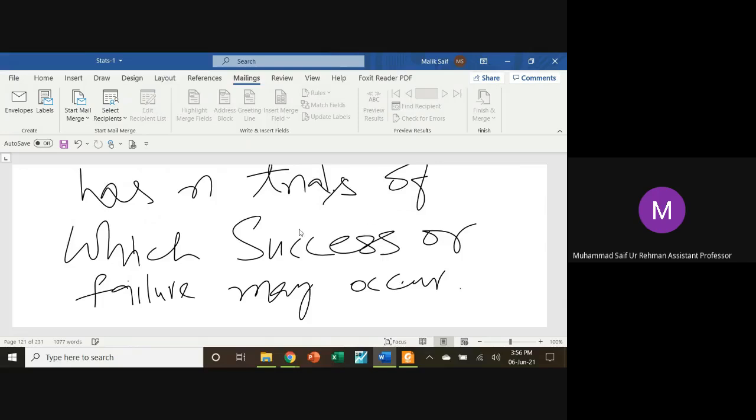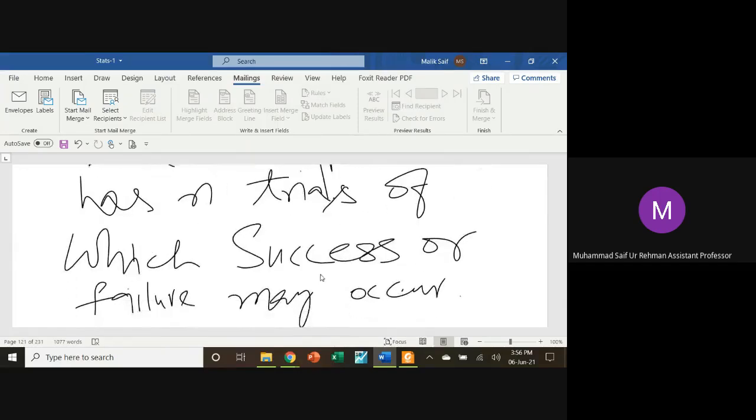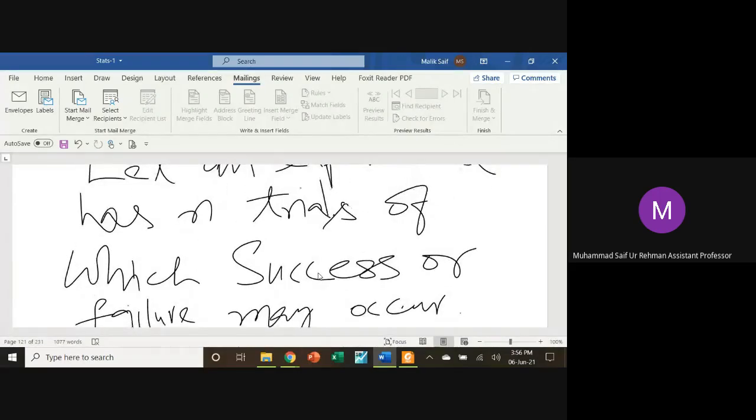So n number of trials. Let's say if you are going to toss a coin 2 times, 2 is the number of trials. If you toss a coin 10 times, 10 is the number of trials. If you toss a coin n times, n trials. N trials means you are going to toss a coin n times.